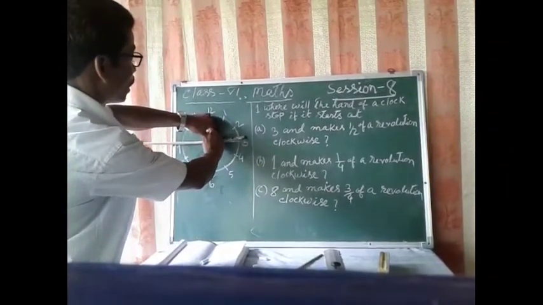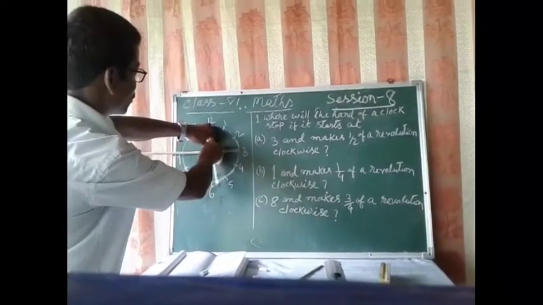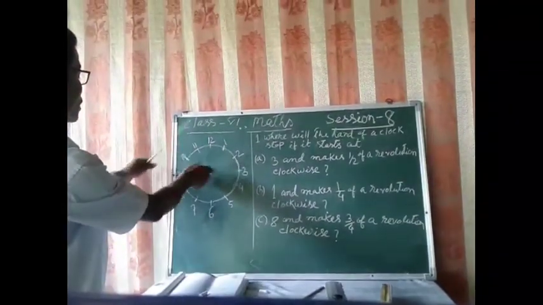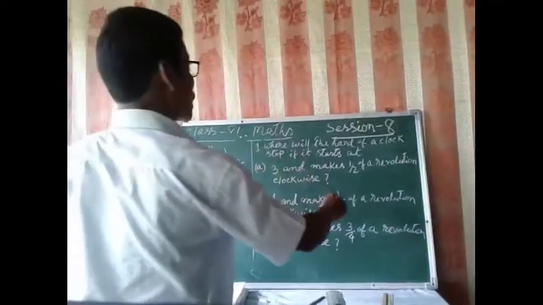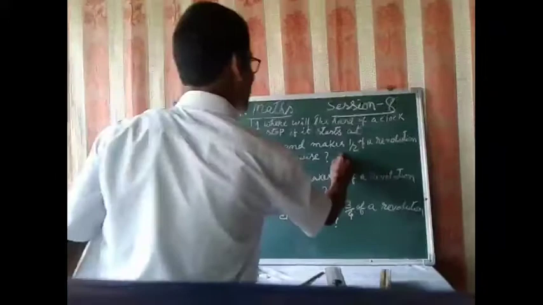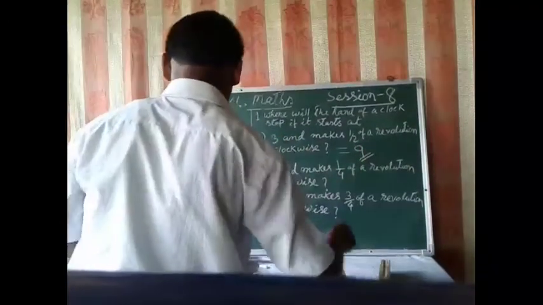This is the minute or hour hand. Suppose it moves half a revolution of the clock dial. It faces 9. Therefore, it stops at 9 if it starts at 3 and makes half a revolution clockwise. The answer is 9.